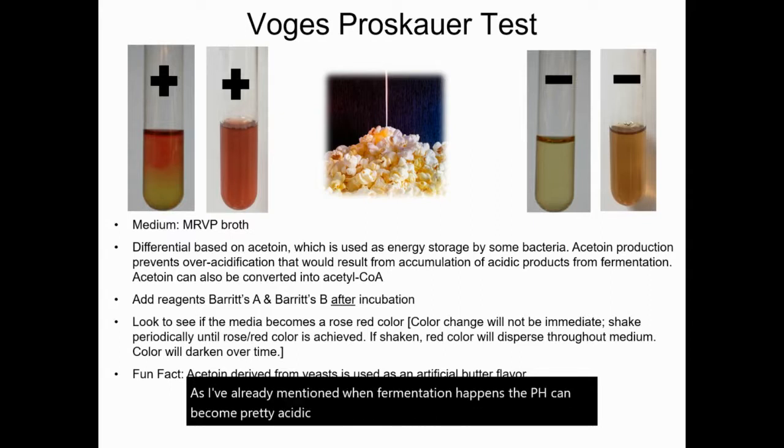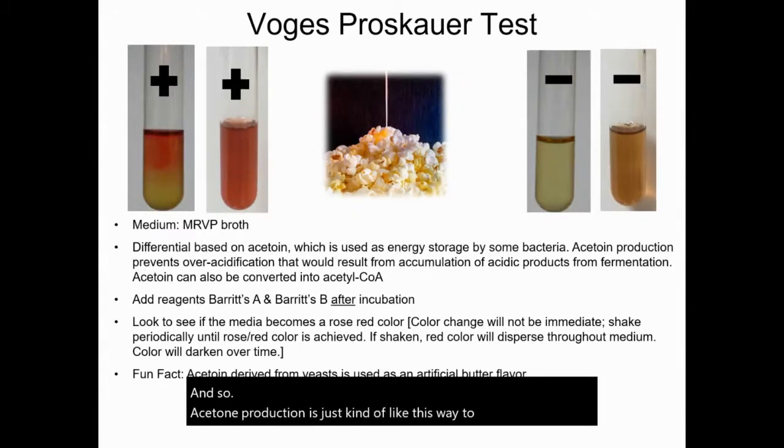And so oftentimes, organisms will produce acetone as a way to prevent the media from becoming too acidic. It's kind of helping to neutralize that media. Acetone production is just a way to balance things out.